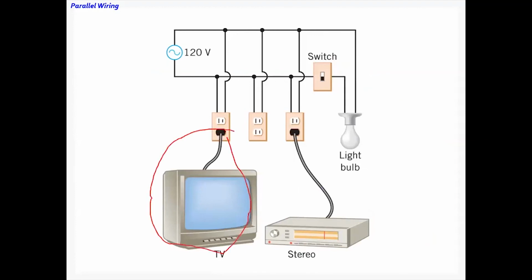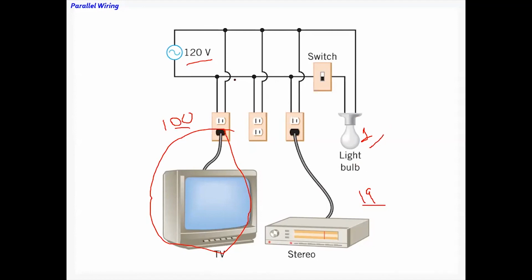If you connect in series, maybe this might get 100 volt and this might get just 19 volt, and the bulb will get 1 volt. So the voltage divides up. So 120 divided into 100 plus 19 plus 1. That's not how you connect, right? That would be series.